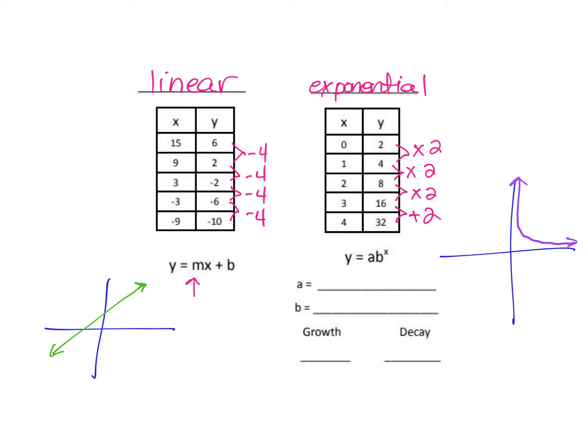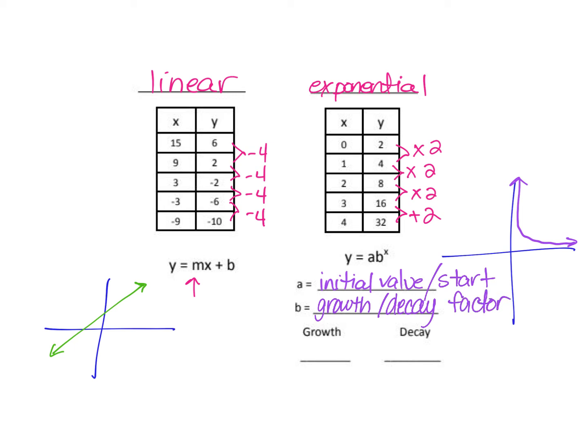So when we look at the equation for an exponential function, the a represents the initial value, or the starting point, while b is what we call the growth or decay factor.